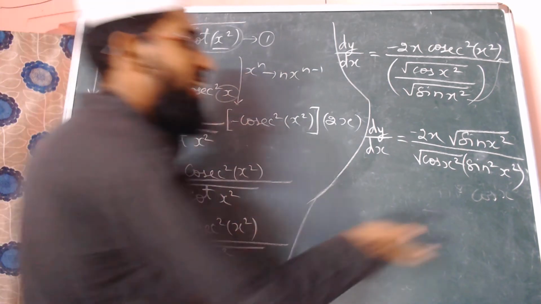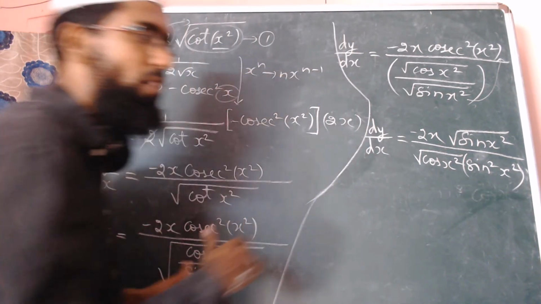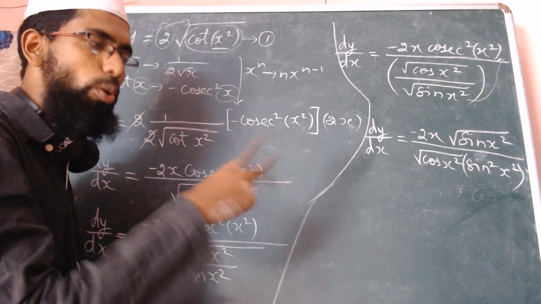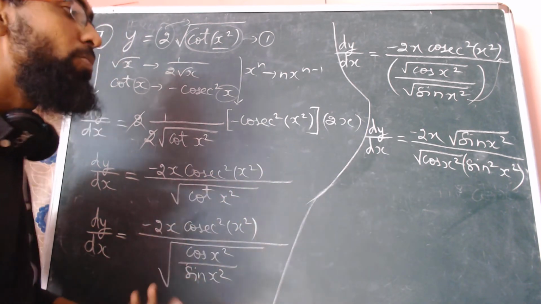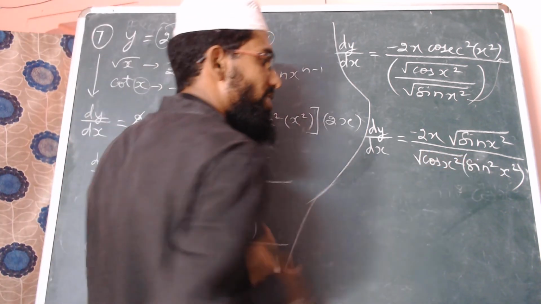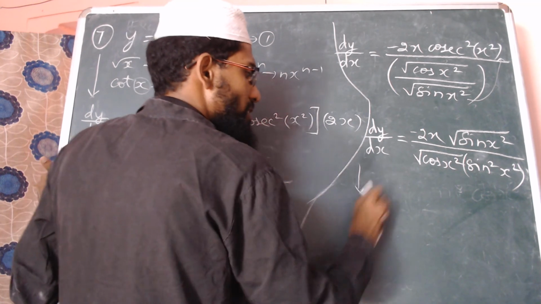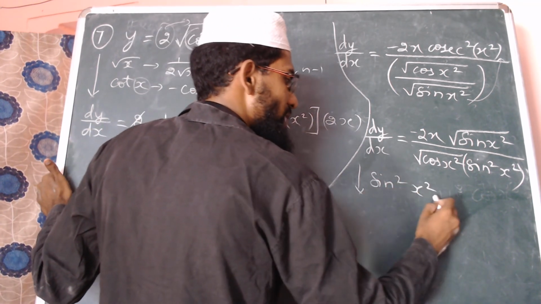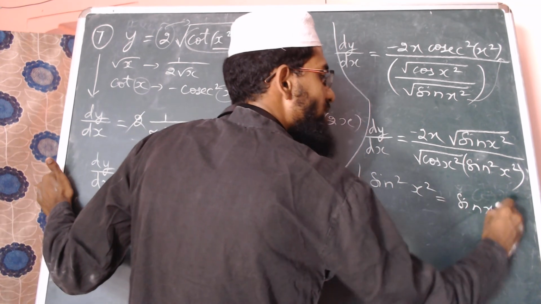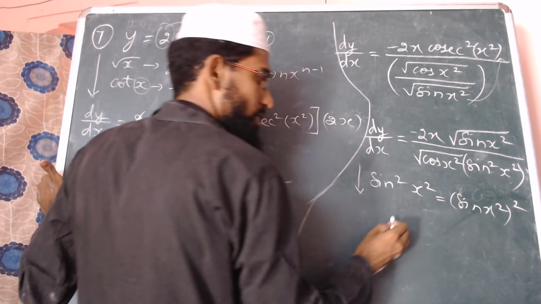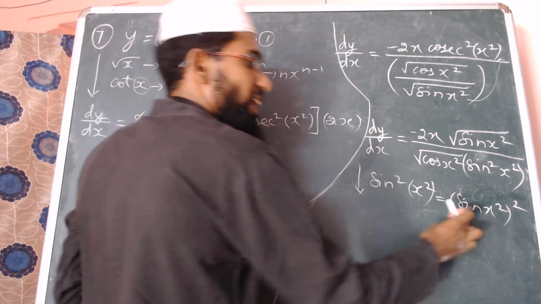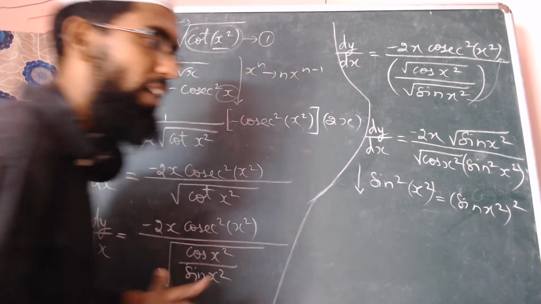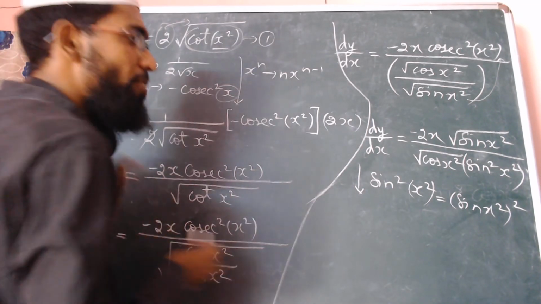Now I can write sine square x square as, just like 2 square is 2 into 2 and 3 square is 3 into 3, sine square x square is nothing but sine of x square the whole square. So I can write sine of x square into sine of x square.